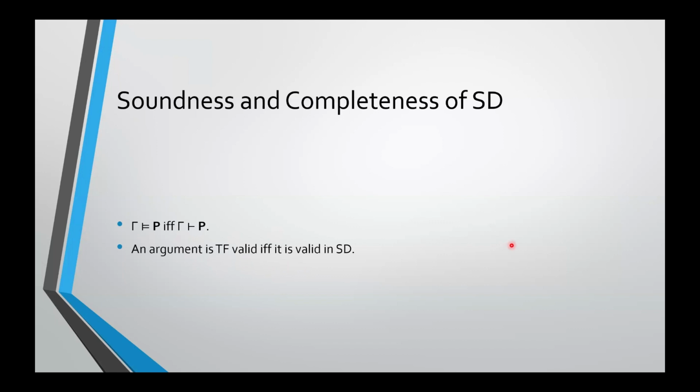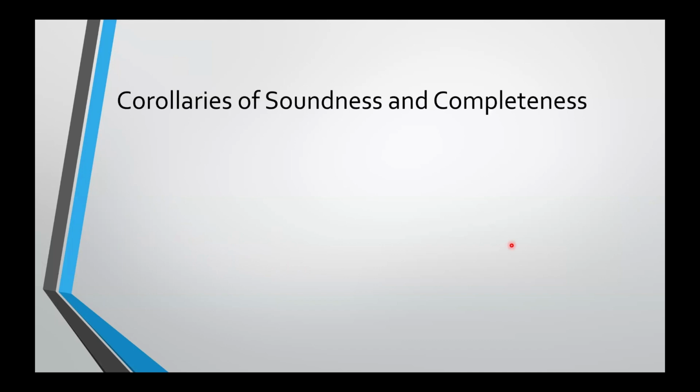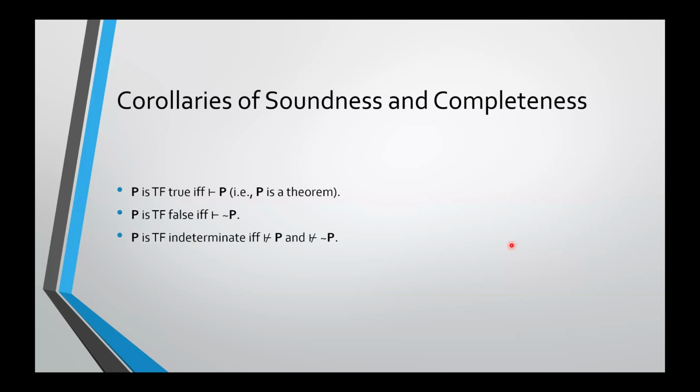It also has various other corollaries once you look at the definitions of these various concepts in SL and then their definitions in SD. So, first of all, a sentence is truth functionally true if and only if it is a theorem. A sentence is truth functionally false if and only if its negation is a theorem.